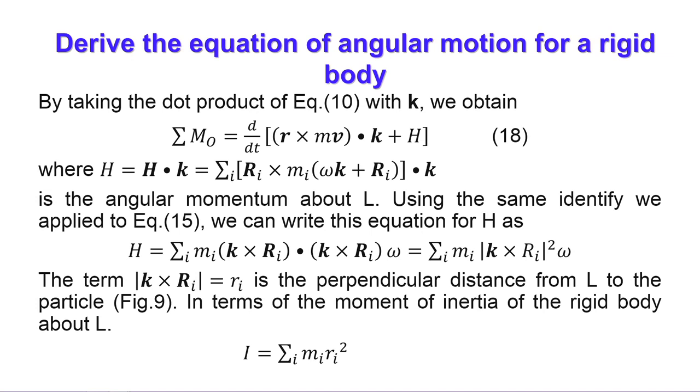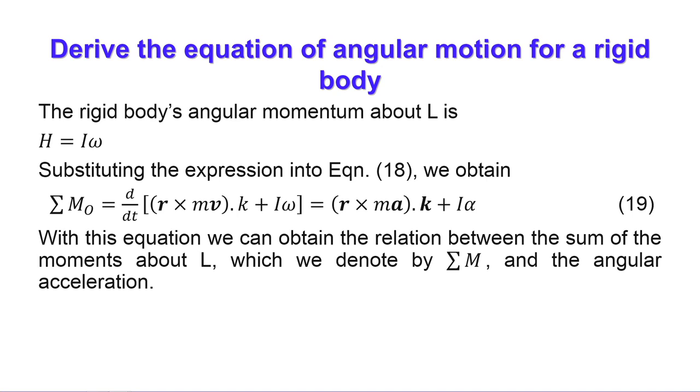Using the same identity applied in the earlier equation, h was simplified earlier. For small r I you found it earlier, here for capital R I you are finding k cross r I dot square into omega. So, I equals sum of m I r I square for a rigid body about L, and so the body's angular momentum about L is h equals I omega.